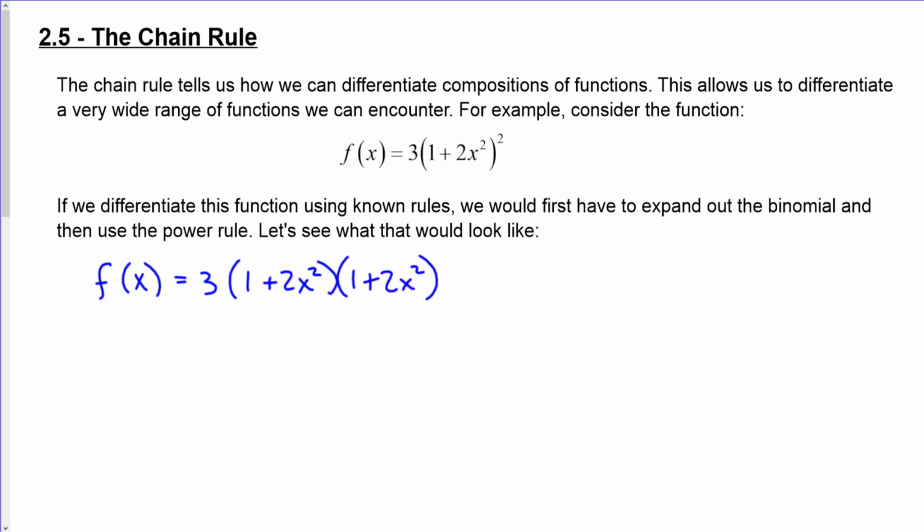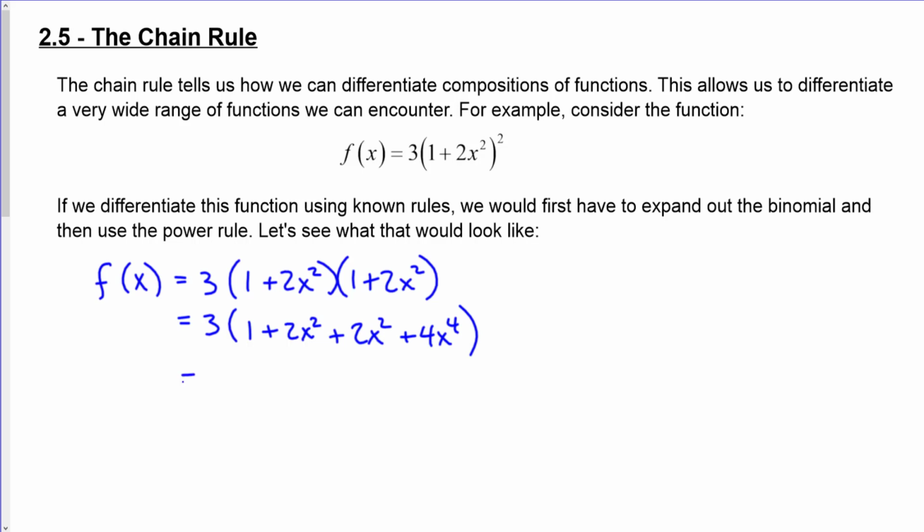Just multiply the thing by itself, which would be 3 times 1 times 1 is 1. I'm just using FOIL here. 1 times 2x squared is 2x squared. Then plus 2x squared times 1. 2x squared times 2x squared is 4x to the 4th.